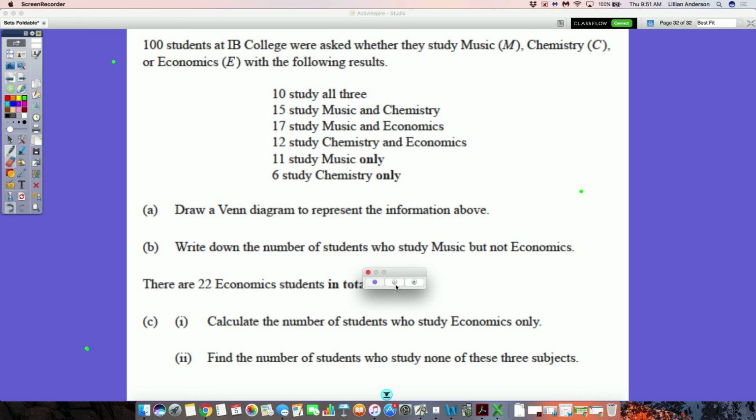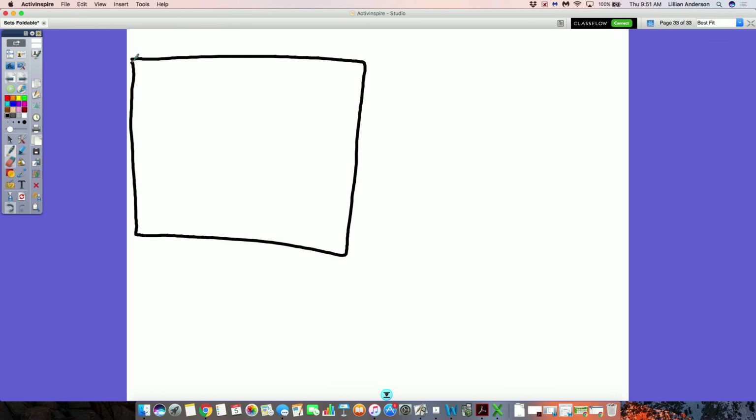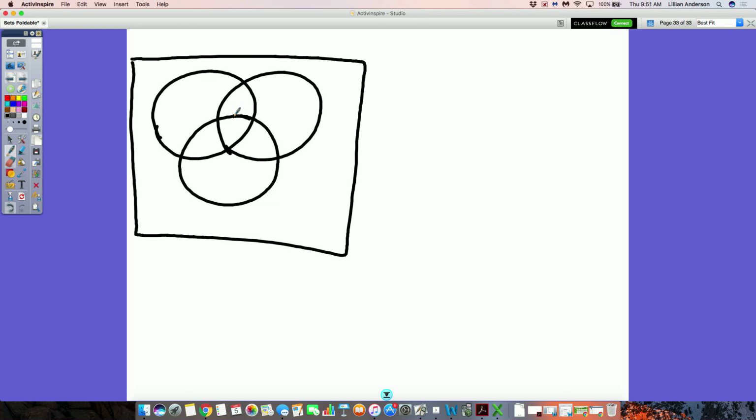All right. So you got 100 students who study 3 different subjects, which means that you should have 3 intersecting bubbles because it does say that 10 study all 3. So you have 3 intersecting circles.